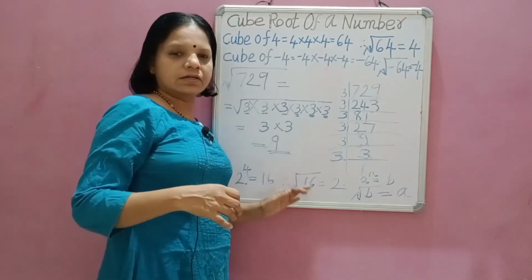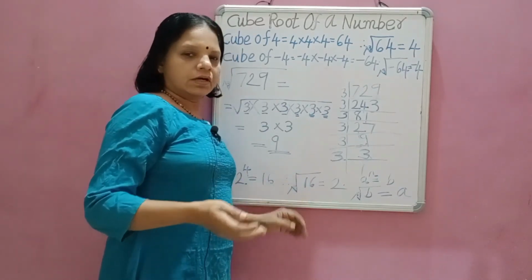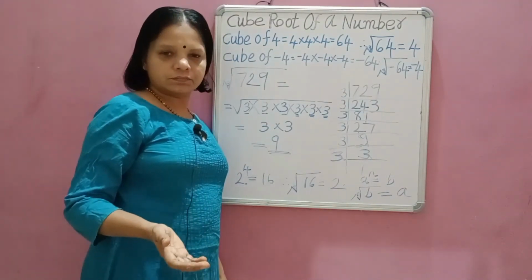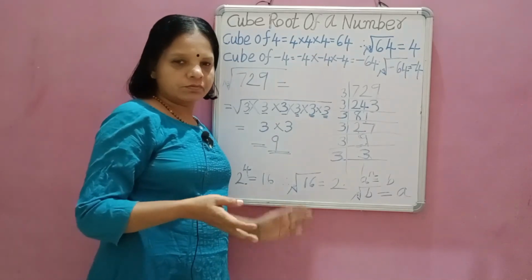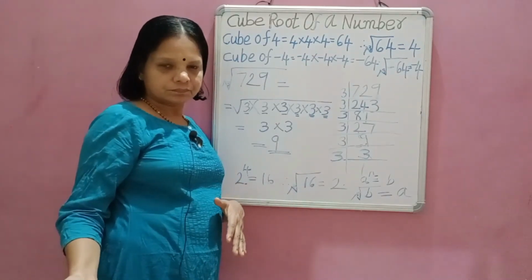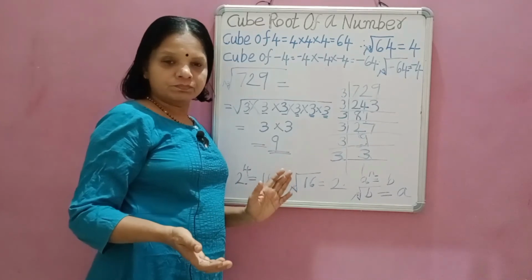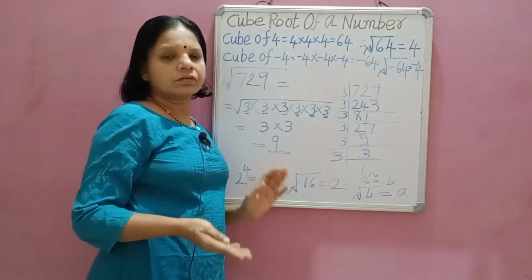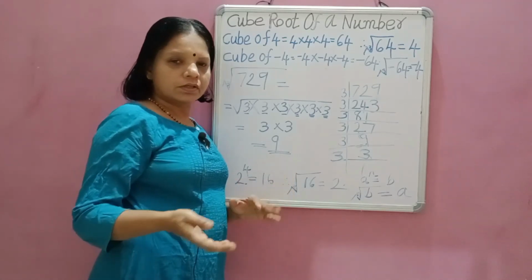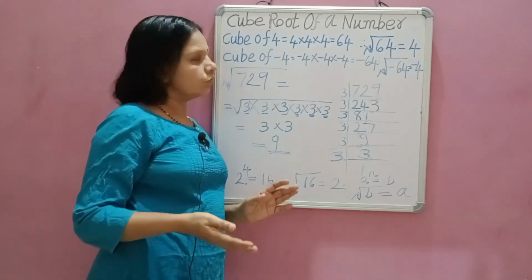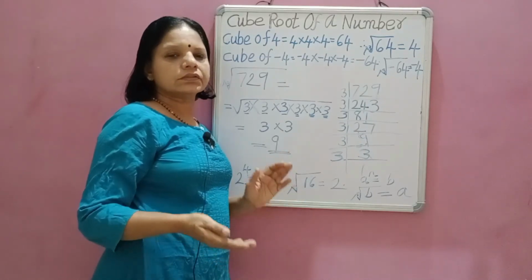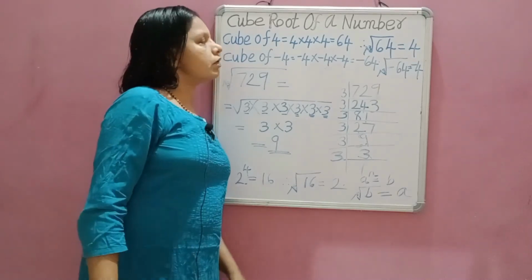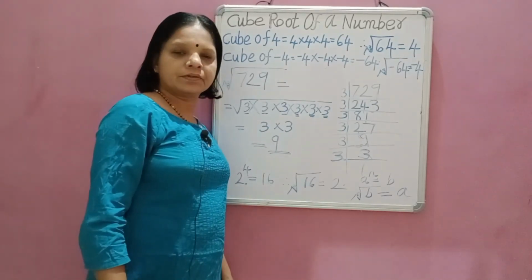You will study in detail in the upcoming classes. So you understood what is cube root and the difference between square root and cube root and perfect cube. The perfect cubes can be positive or negative. Cube of integers are called perfect cubes. Clear? That is all about cube root of a number.